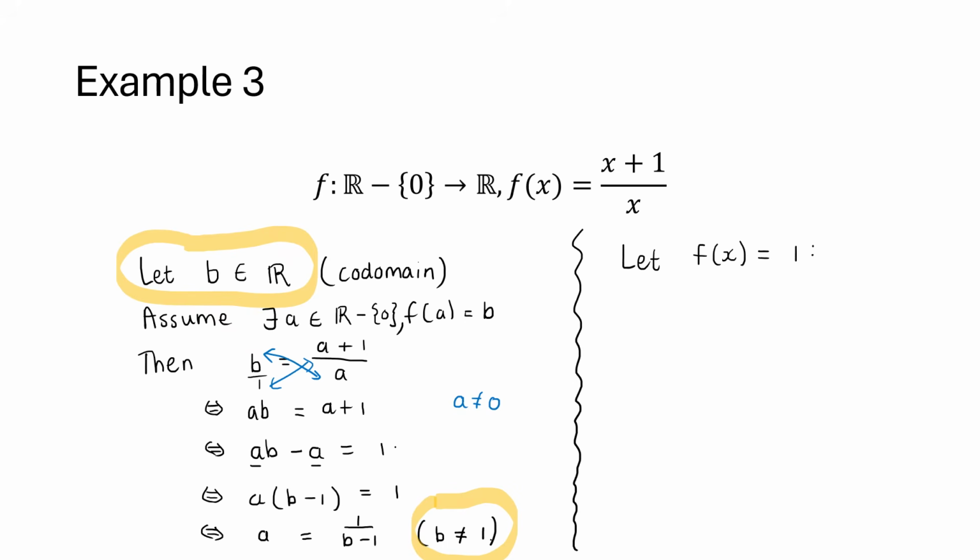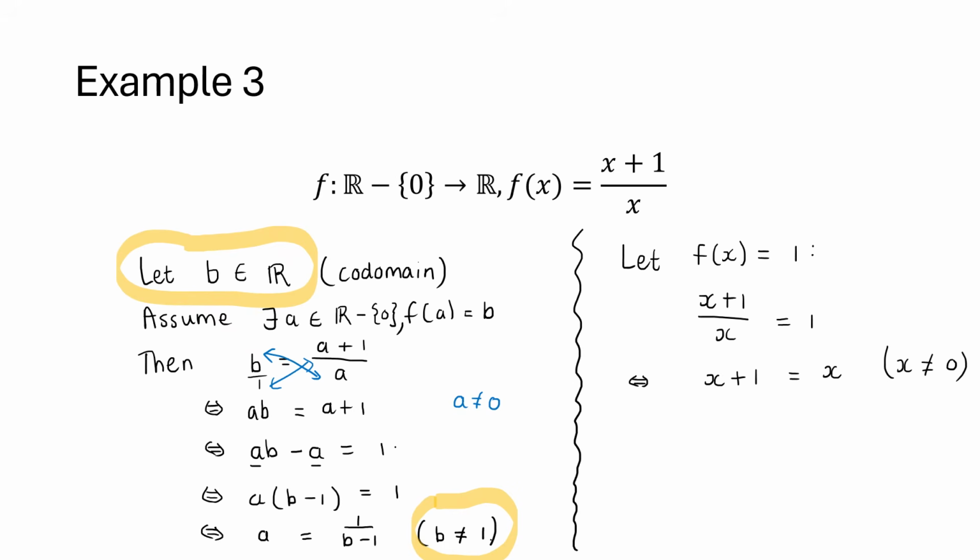Well, it means then that x plus 1 over x is equal to 1. And this is true, again, if we cross multiply or multiply by x on both sides. This gives us x plus 1 is equal to x. And we're allowed to do this because x is not equal to 0.